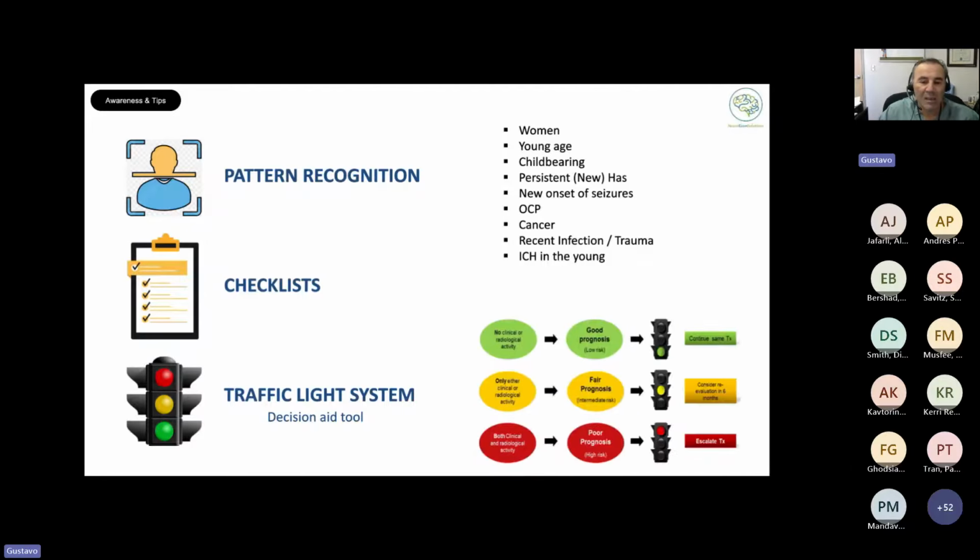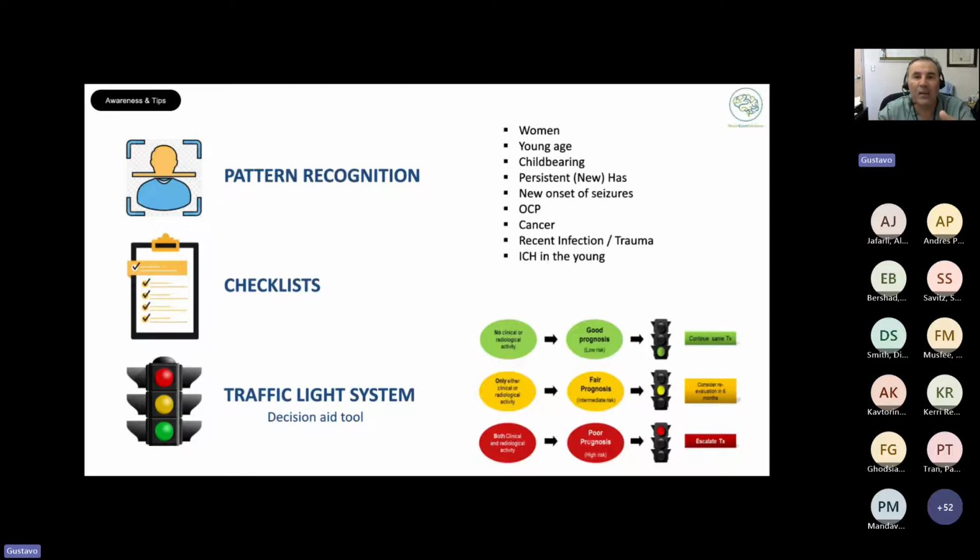So this is the example that I provided in terms of the traffic light system, in this case, in multiple sclerosis. For example, some patients develop clinical and radiological evidence of a relapse, or radiological activity, that is usually associated with a poor prognosis, and that should trigger the primary care provider or the neurologist to escalate or intensify treatment and avoid the status quo.